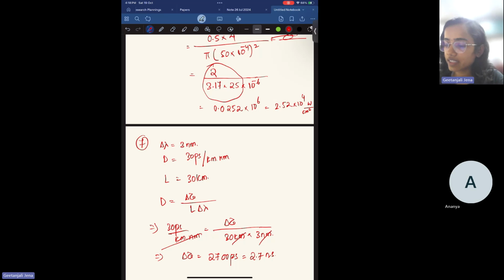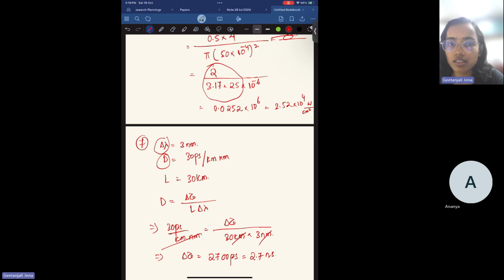Delta lambda is already given to you, this is 3 nanometer, and the dispersion parameter is also given in 30 picosecond per kilometer nanometer. Beware of the units, because most of the time students got the right answer but only the unit was wrong.